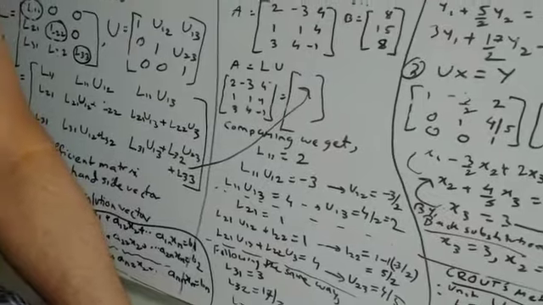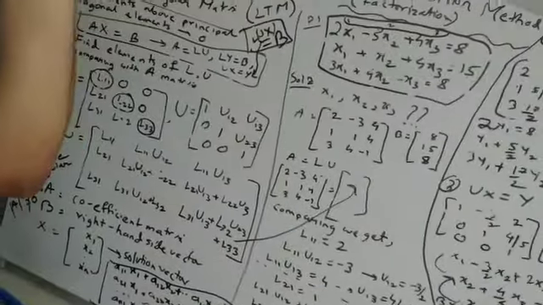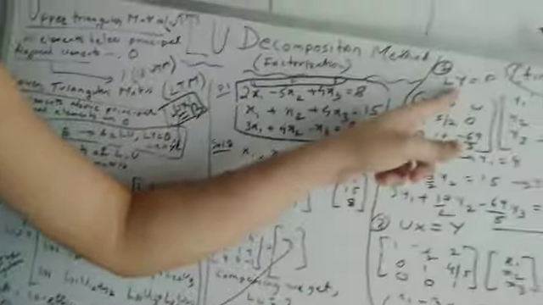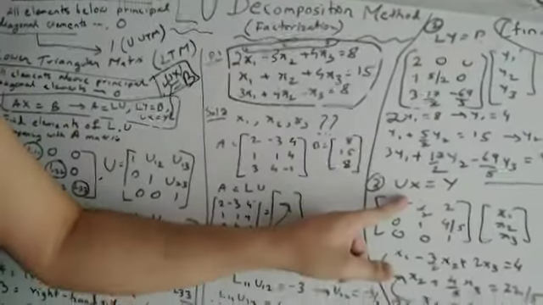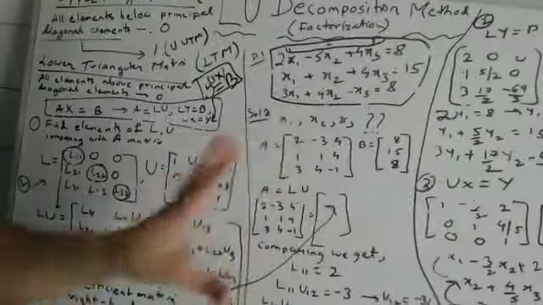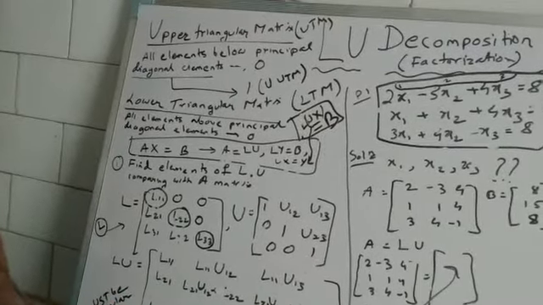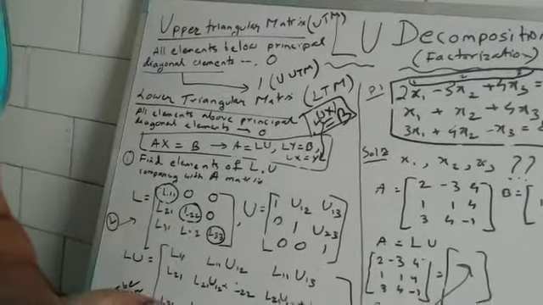Before concluding, I will give you a trick. Remember: the first step is A is equal to LU, the second step is Ly is equal to B, the third equation is Ux is equal to Y. These three equations will help you get the solution. Remember this small trick.